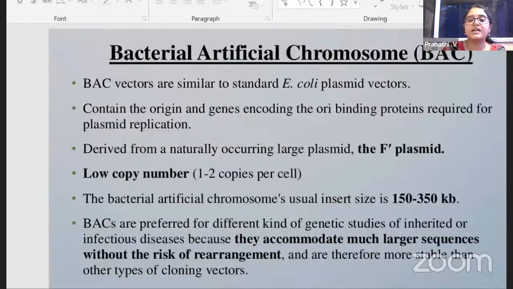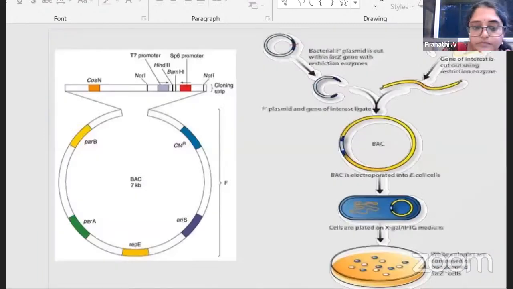In the case of the bacterial artificial chromosome, it is based on the basic E. coli plasmid vectors. From that you can derive the F prime plasmid, having a low copy number, only 1 to 2 copies per cell. The insert size is usually around 150 to 350 kilobase pairs of foreign DNA that you can insert into the bacterial artificial chromosome.